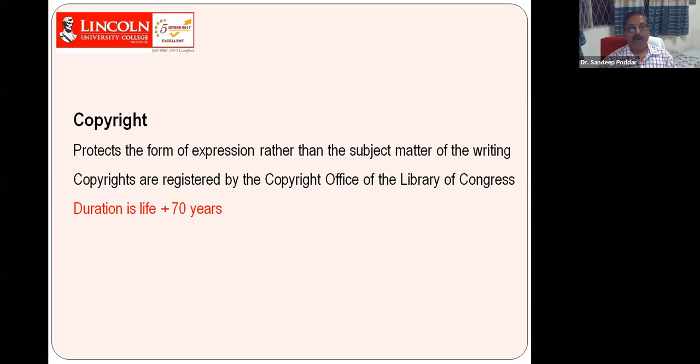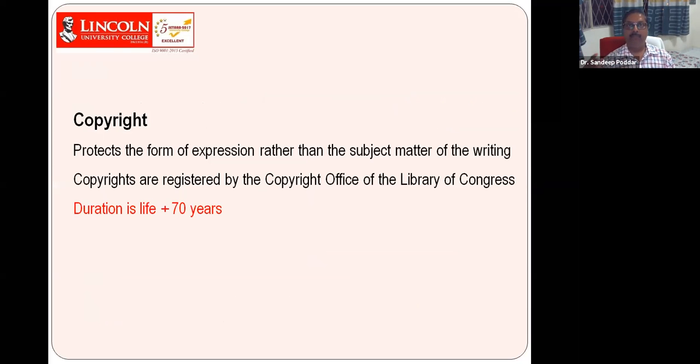Now we are going to copyright. Suppose I want to make my thesis copyright protected, as Gitanjali was copyright protected. After the death of the person, it remains copyright protected for 60 to 70 years. After that, the copyright is removed. So after that, Rabindra Sangeet, anybody can sing anywhere, anytime.